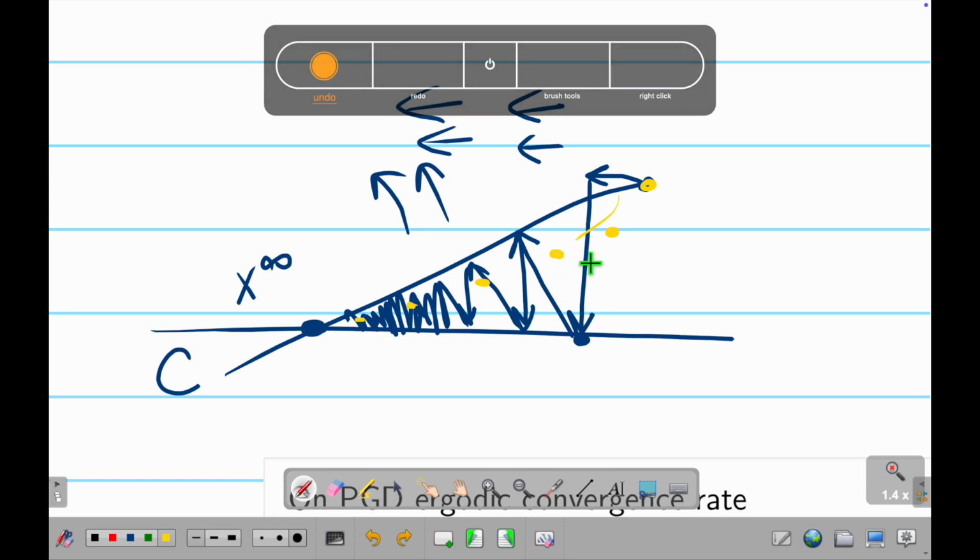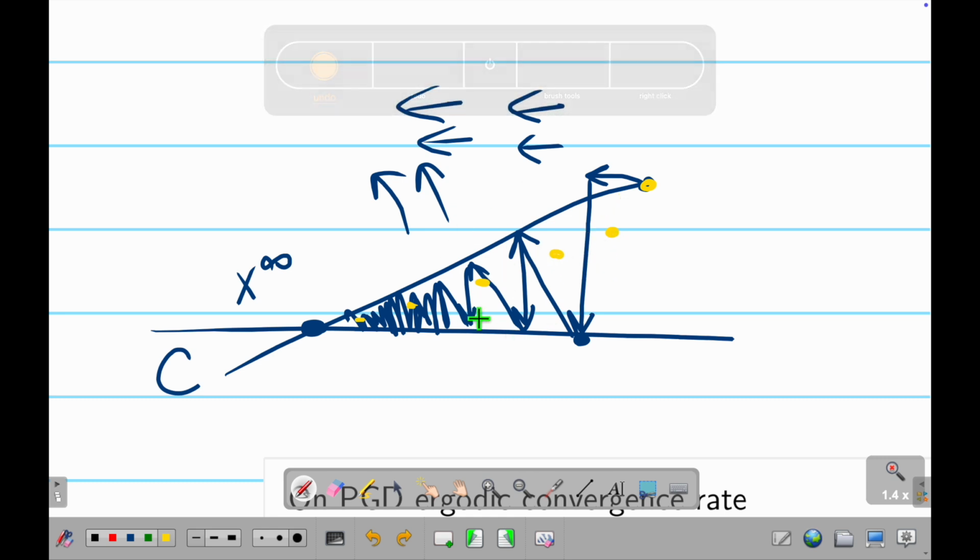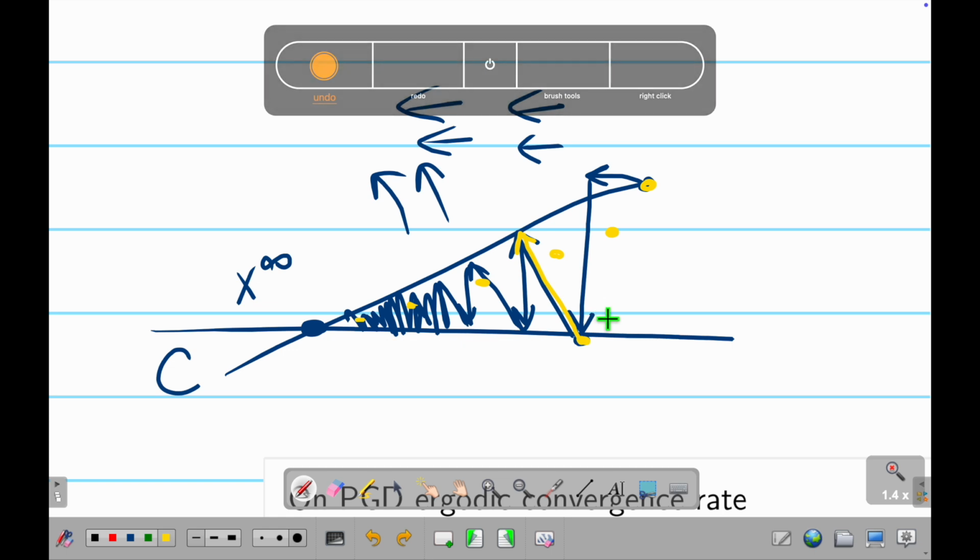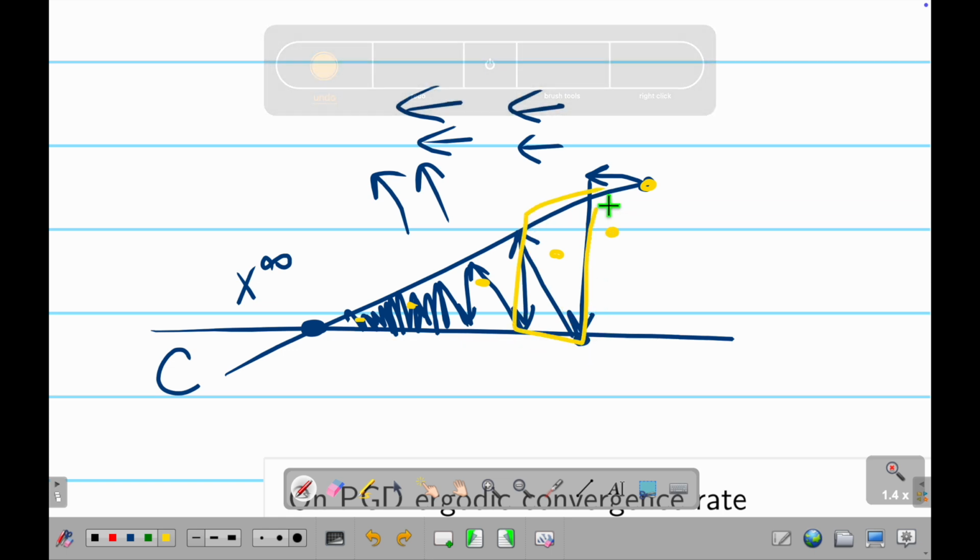Your sequence here has this bouncing effect. That means sometimes you go to here, you are getting further away from here. Because this process can make this line longer than this line. But what we can guarantee is that the average of these 4 points, the centroid here, the average of these 4 points, the centroid here, the centroid is actually getting closer.